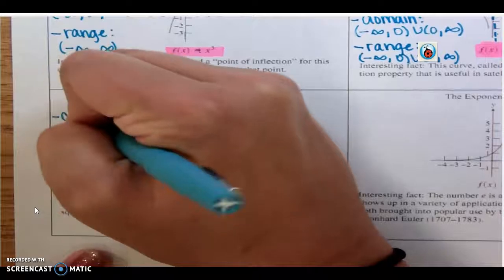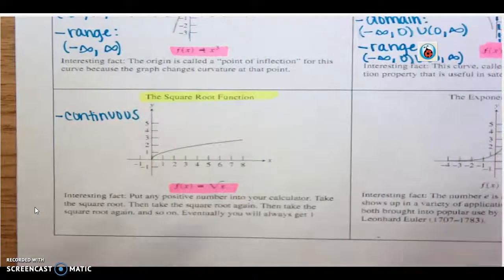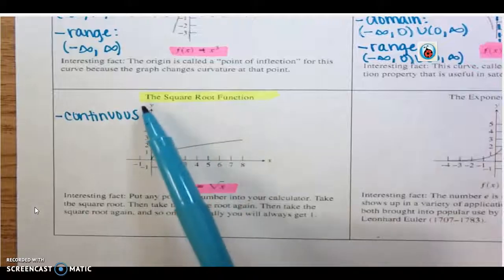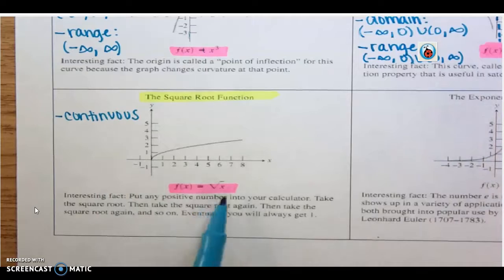No holes or no asymptotes. So odd, even, or neither. This is going to be neither because it's not symmetric about the y-axis and it's not symmetric about the origin. Also, if you were to do the test, you can't plug in a negative under the square root, so it can't pass the test. So that's going to be neither odd nor even, so I'm just not going to write on there.